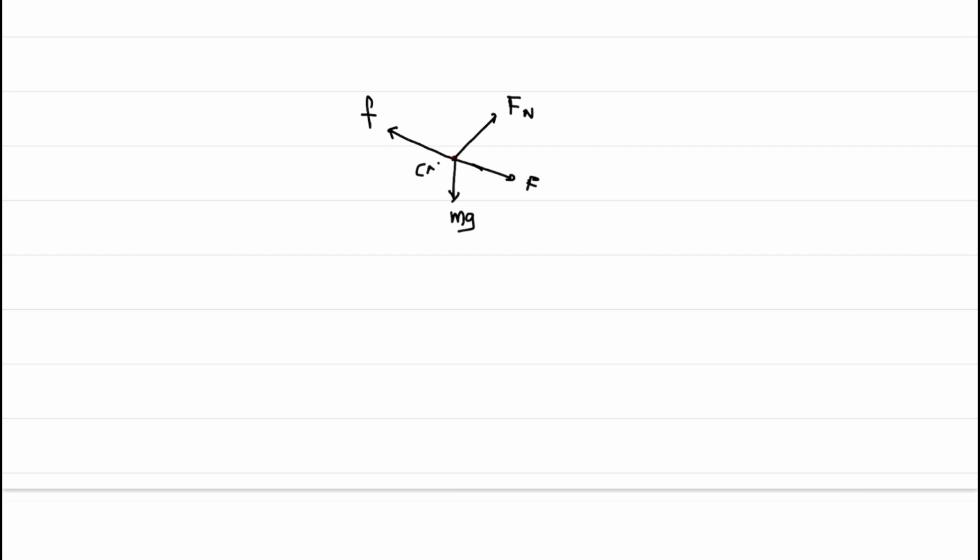This is Cm. This is the free body diagram. FBD means free body diagram. Now let us see. This angle is theta because that is the angle of inclination.